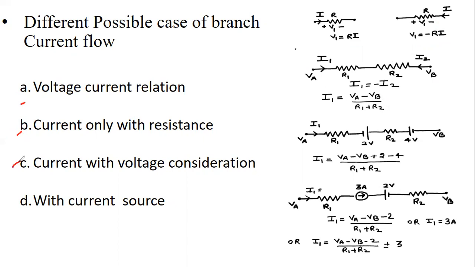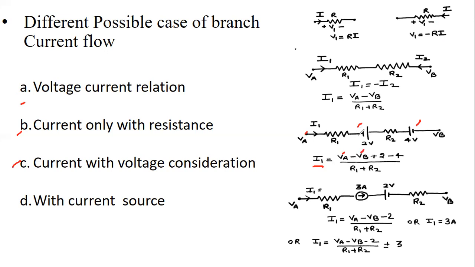Now the third case, current with voltage consideration. If a number of voltages are given in a branch, how can you find the current I? For the potential difference, always subtract the node potentials, because the current direction is from A to B. So first subtract the potential of node B from A, so this is VA minus VB.